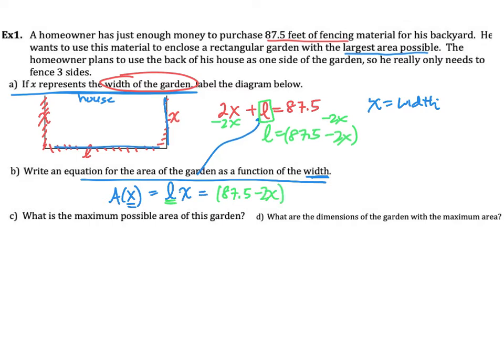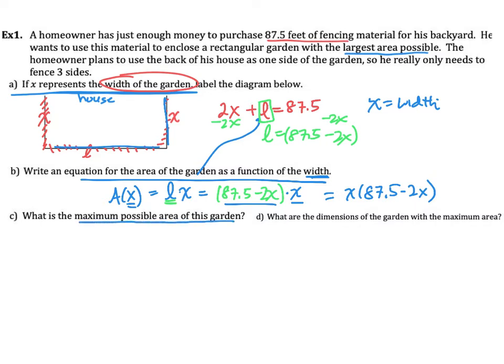Right, so this is going to equal 87.5 minus 2x times x. This is my length, this is my width, and length times width equals area of a rectangle. So to color coordinate it, we're just going to have the width times the length, and here we have the area formula. Now it says, what is the maximum possible area of this garden?